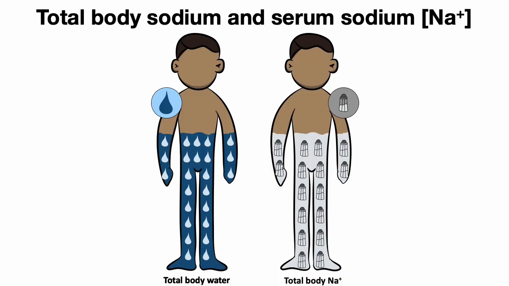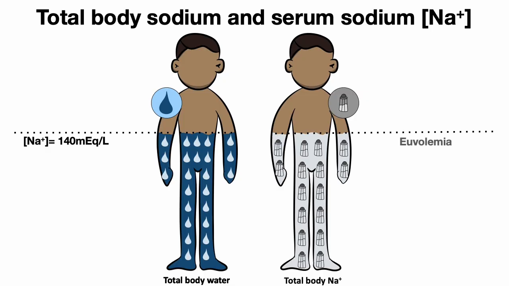Let's discuss this relationship in more detail. Here you see two black dotted lines to represent our normal serum sodium and normal total body sodium. For our purposes, we'll use 140 milliequivalents per liter as our normal serum sodium lab value. For normal total body sodium, we can also use the term euvolemia.